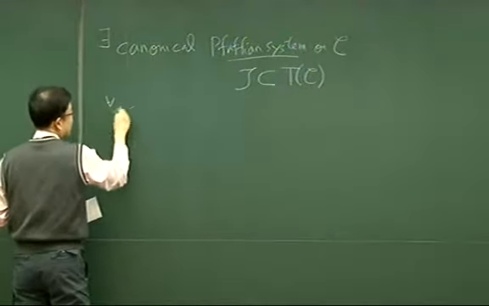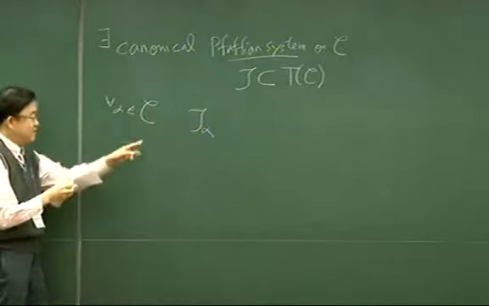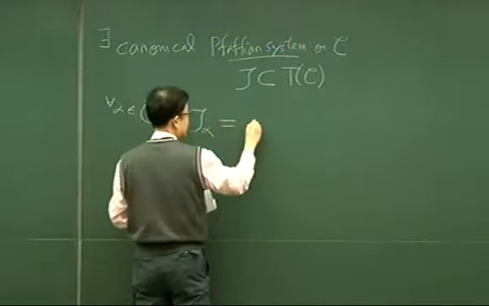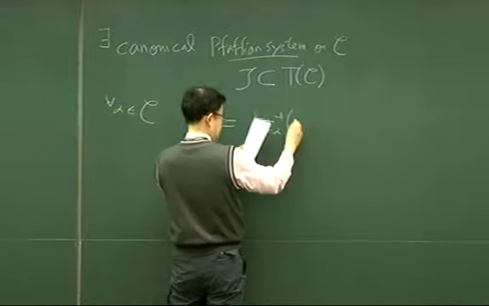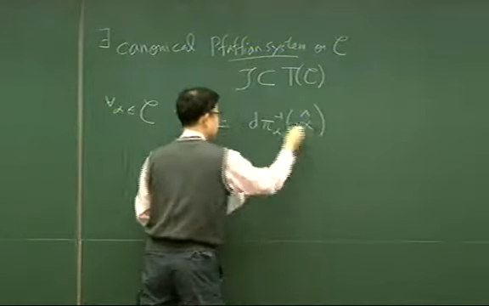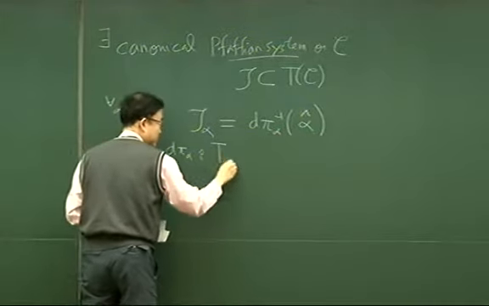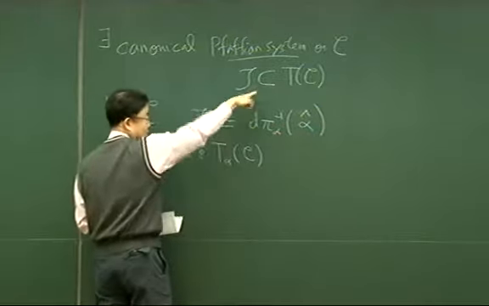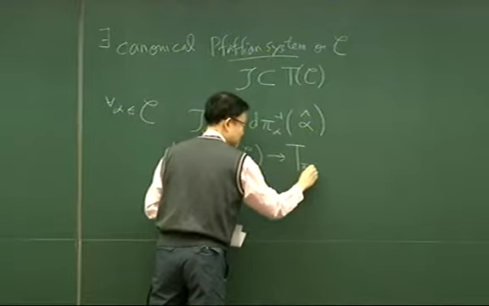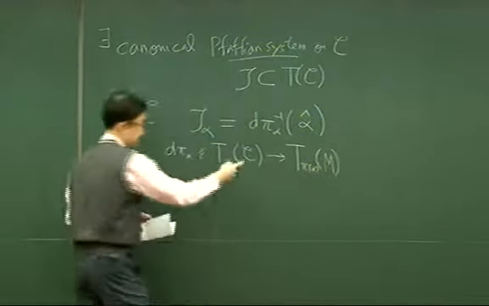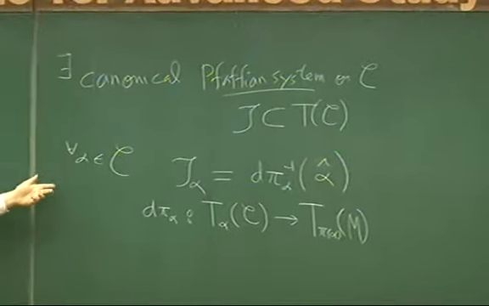For each point alpha, the fiber at that point is just this, where d pi alpha is the projection from the tangent space of the cone structure to the tangent space of the manifold. This way you are given a natural canonical system.